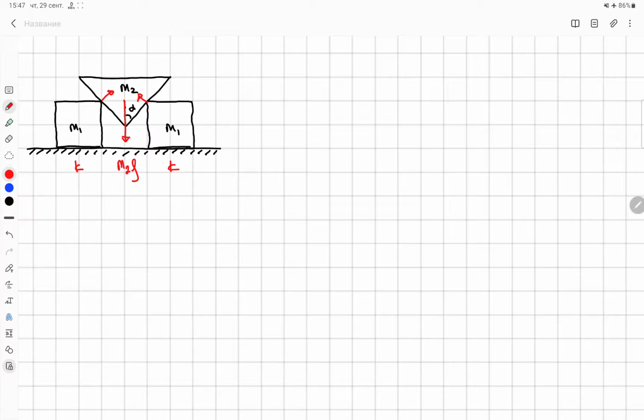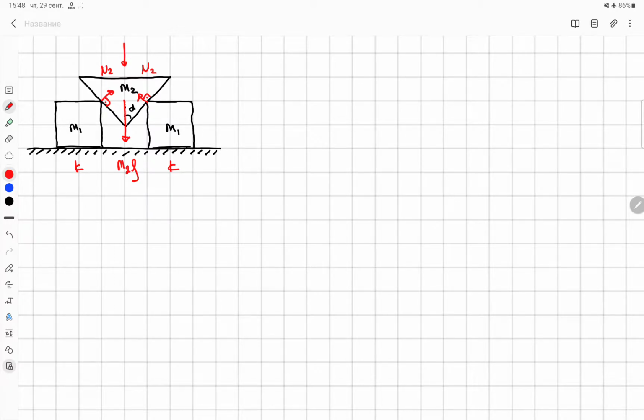Masses are equal, same friction, so we can assume that reaction forces between both objects will be identical. Let me call it N2, here also N2, and it's perpendicular to this surface. So these are the three forces acting on this object M2.